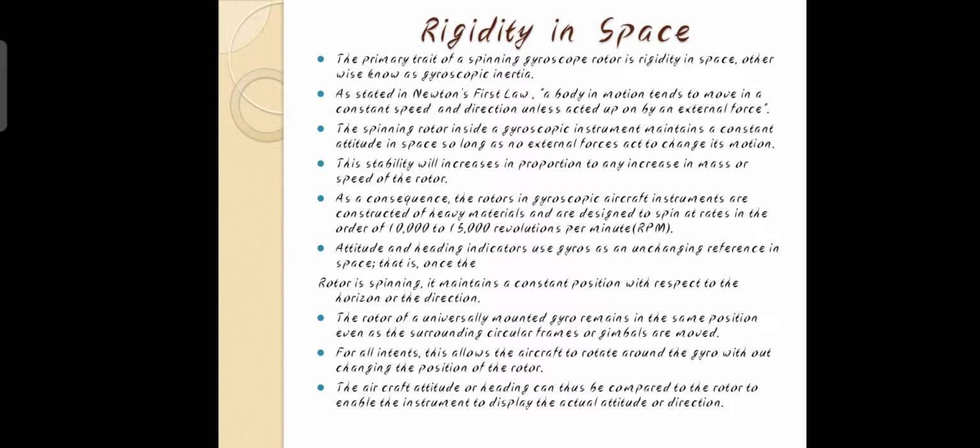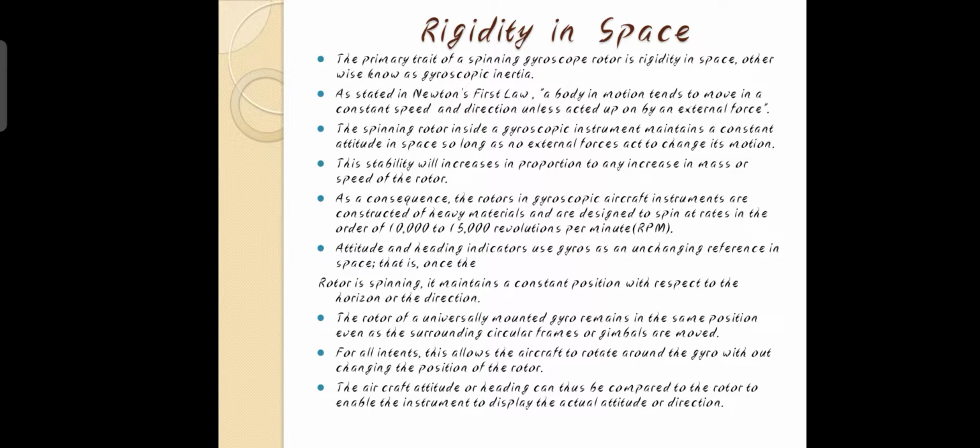Attitude and heading indicators use the gyroscope as an unchanging reference in space. That is, once the rotor is spinning, it maintains a constant position with respect to the horizon or the direction. The rotor of a universally mounted gyro remains in the same position even as the surrounding circular frames or gimbals are moved.